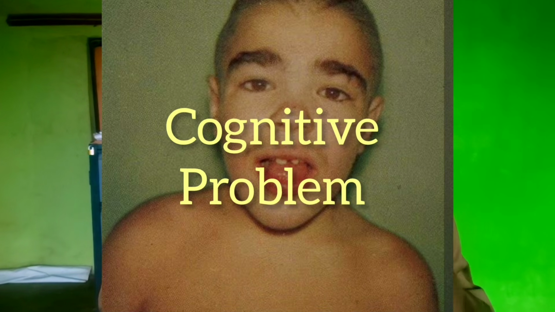When you look at Hunter disease, you see they have cognitive problems, usually starting from age 2 to 4, the early onset.